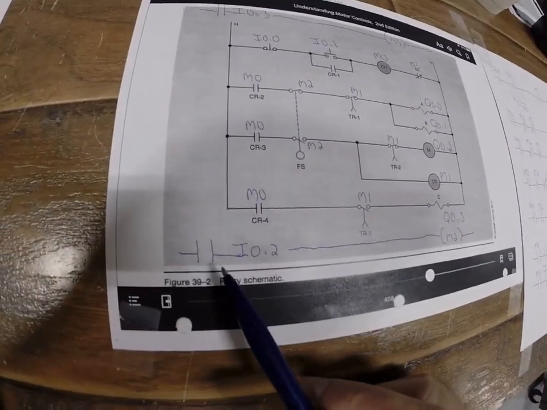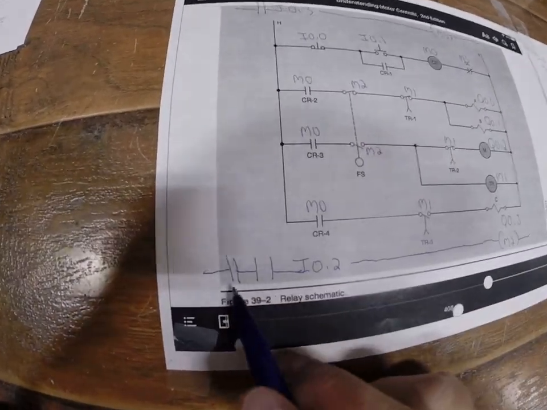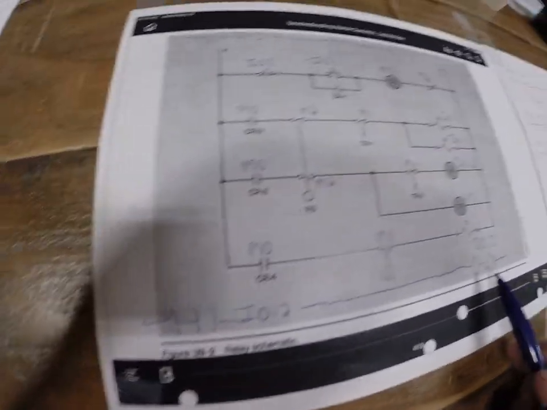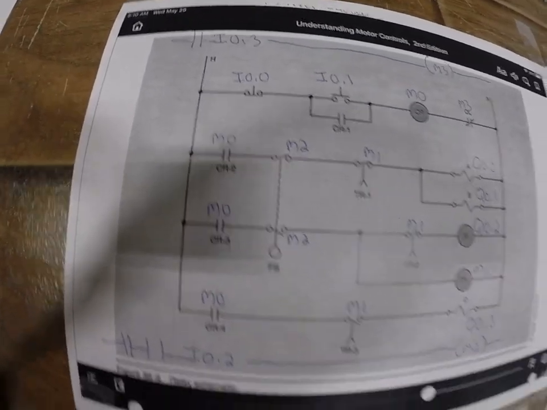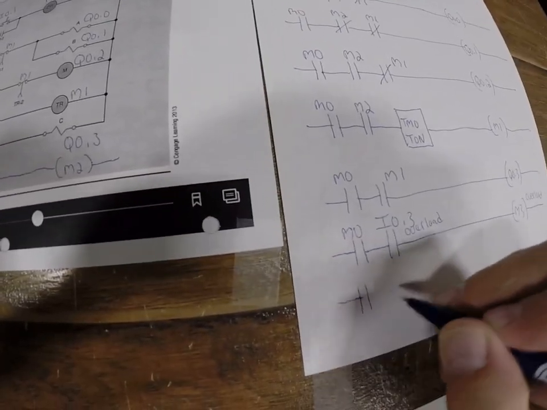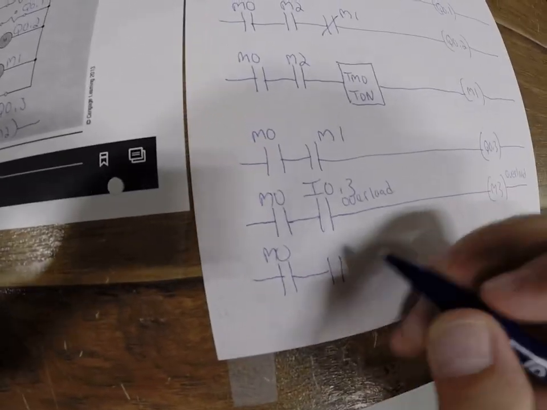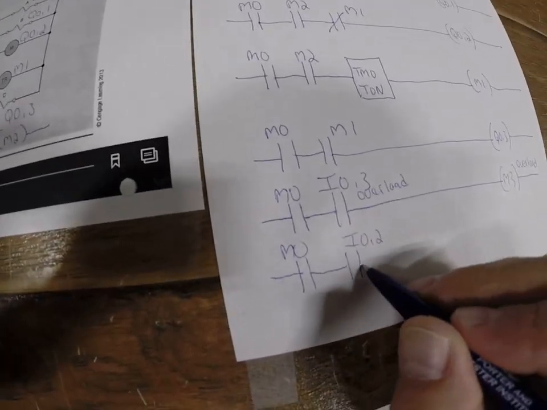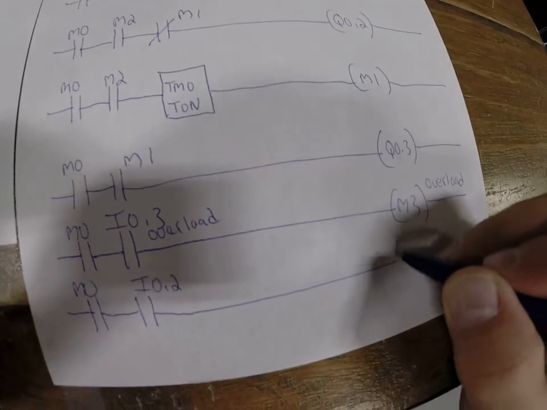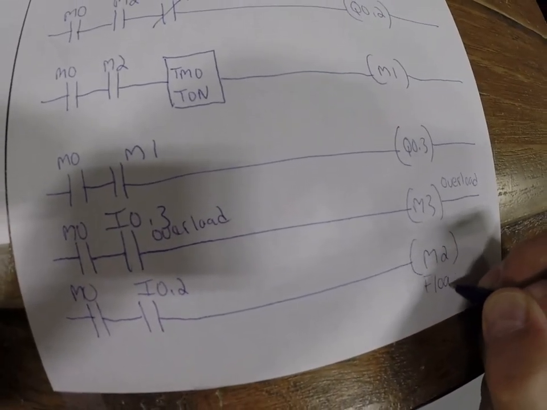And now my last one, open input, M2 is my float switch. I need to be able to simulate that. So we're going to go open, which is M0, open, which will be I0.2, to M2, which is acting as my float.